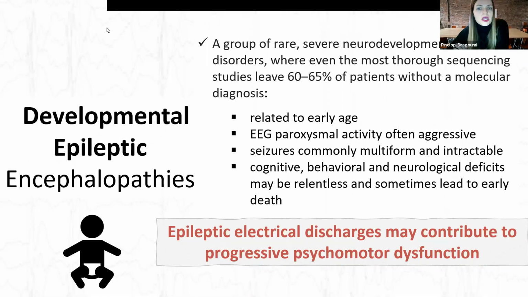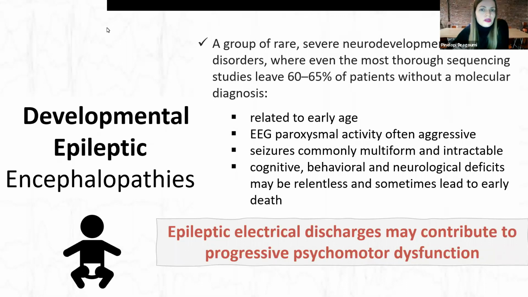And sometimes the EEG or the seizures might be a little bit better controlled, and still we might have a progressive developmental delay. And this is why they are now called developmental and epileptic encephalopathies.